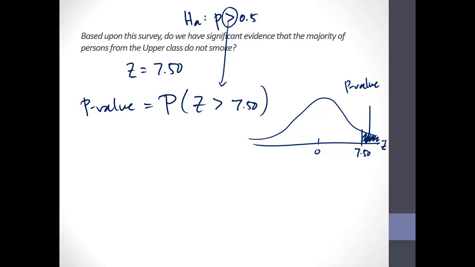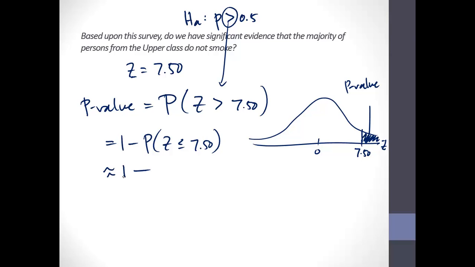And now you can use your favorite way of finding probabilities using the z table. I'll write down that this is 1 minus the probability of being less than 7.50. And again, if you try to look up 7.50 in the table, it's not there, right?